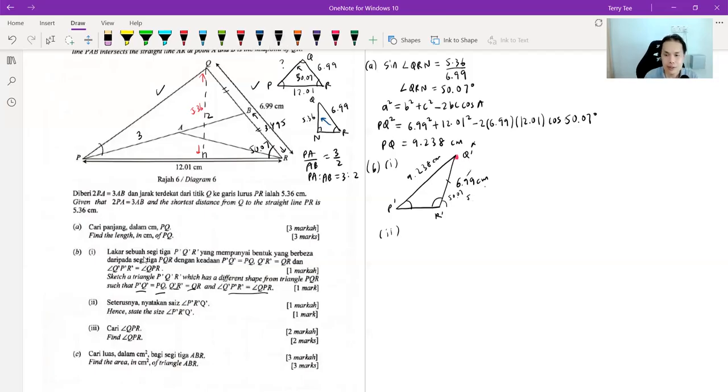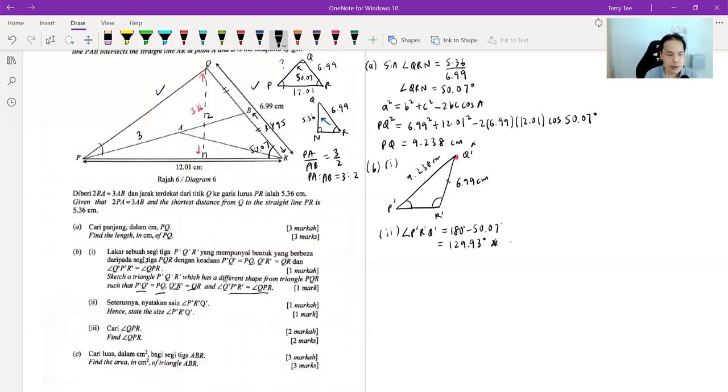So I can just erase this. What I need is this angle P prime R prime Q prime, which is 180 minus 50.07. This gives us 129.93. You just have to state the angle. I don't have to do a lot of complex calculation.